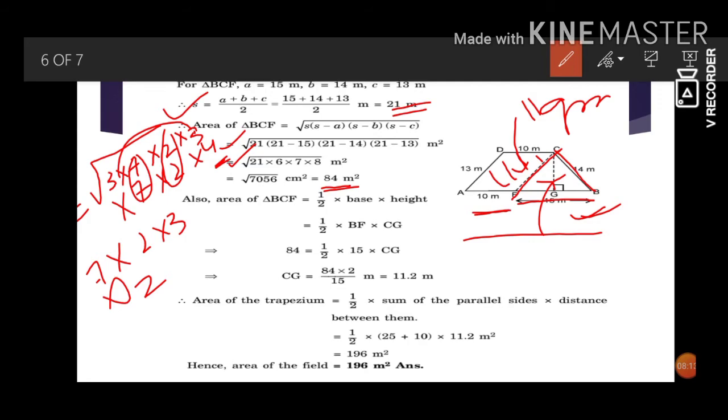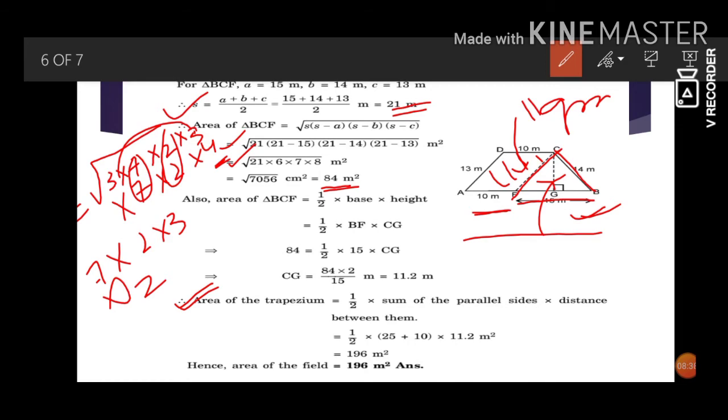Now in this triangle BCF, we can find the perpendicular distance between the parallel sides to use it in the formula of area of trapezium. So to find out the perpendicular, that is CG, we can use half base into height.